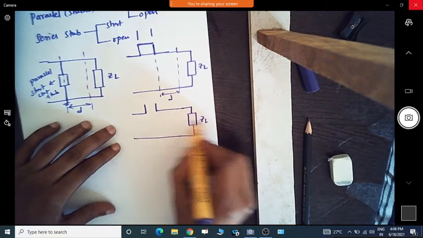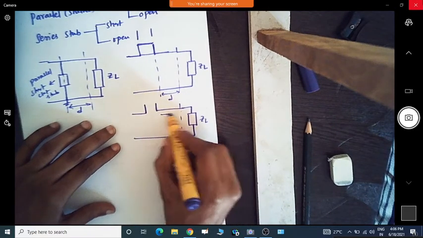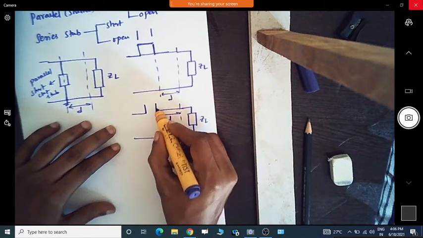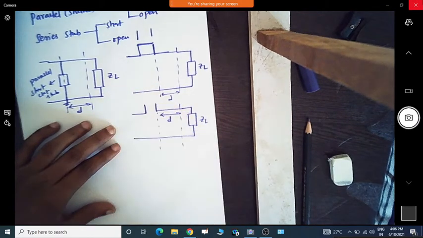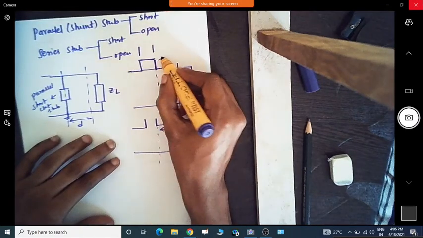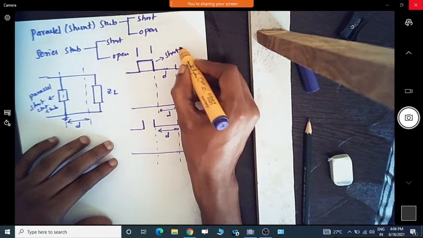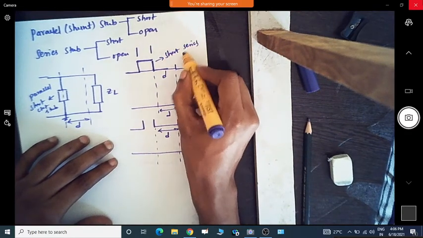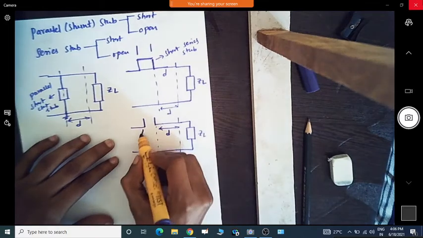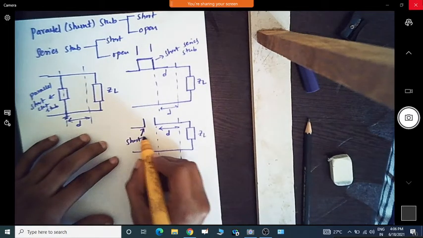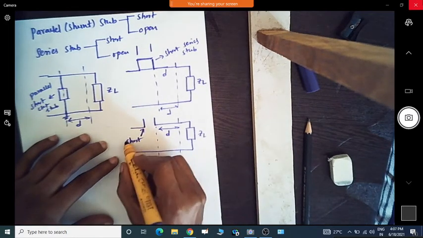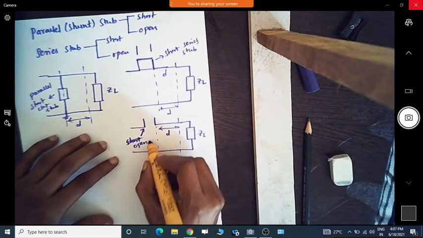Okay, so from the load point, the location of this stub is distance d, and here also it is a short series stub. Okay, short series stub, and this one we can write as open series stub.